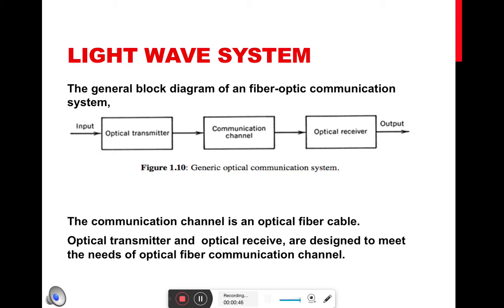The function of our optical receiver is to convert the signal back from this optical domain to whichever domain it was obtained in our input side. So thus we receive our output signal. So while designing the light wave system, the optical transmitter and optical receiver play an important role.